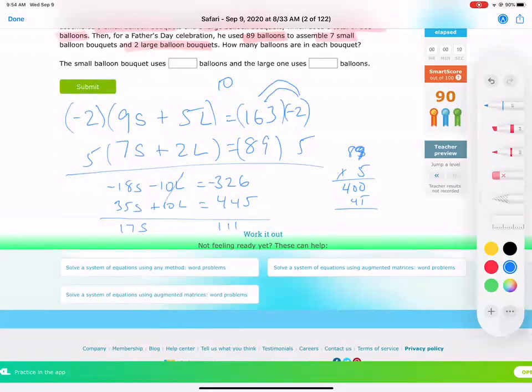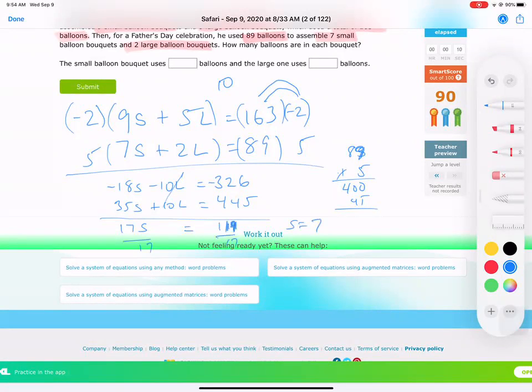Get out my calculator. 445 minus 326, oh, whoops, 119. I forgot I borrowed a 1. Can we divide that by 17? So S is equal to 7 because we divided both sides by 17.